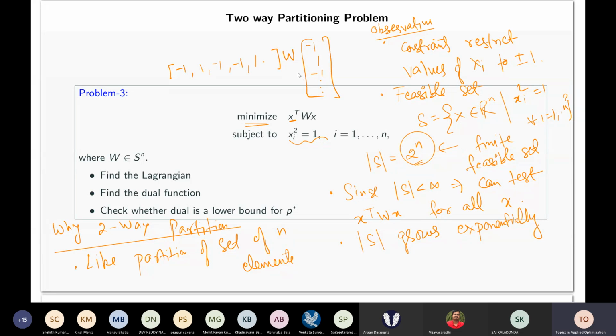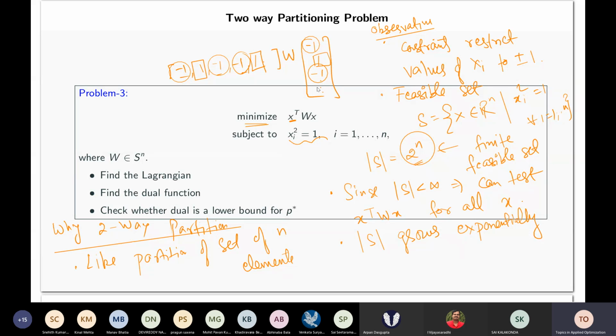I separate out the minus values and the plus values, and this gives me one cost, and the minus values give me another cost, and I'm asking for the total cost of all this combined.